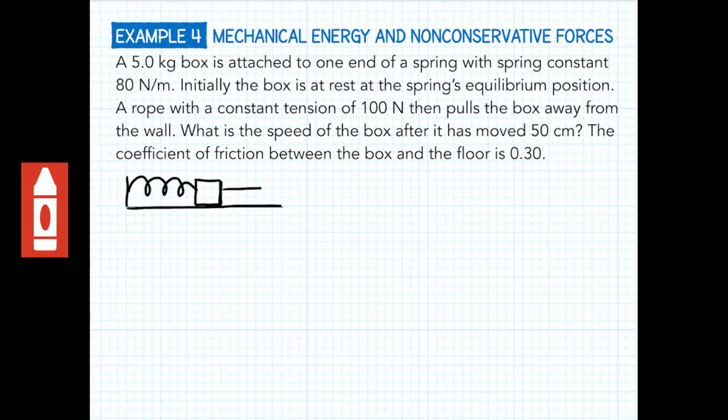In our after situation, let me make this pretty. The box has pulled away from the wall. So here's our box, here's our rope, and here's our spring now pulled a little bit differently. We'll just draw some lines here so you can see the displacement.